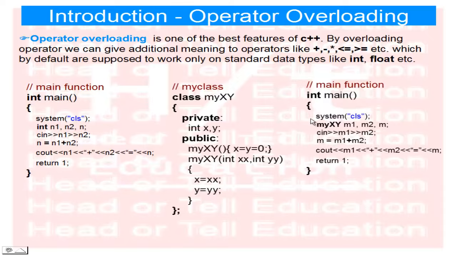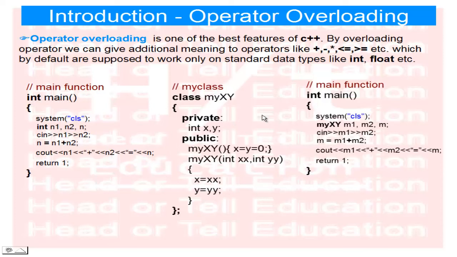But this feature is called operator overloading, because here the plus operator works only with standard data types, but my myxy class is not a standard data type. It is a custom data type.